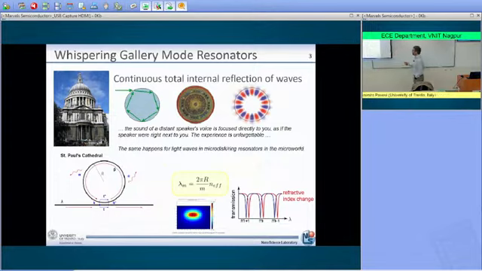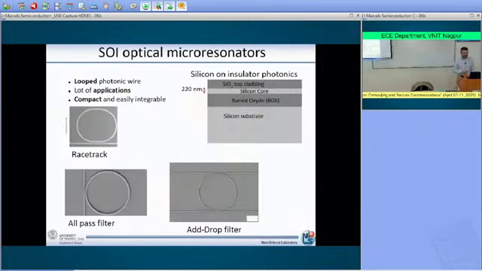In the very same way, people have used the very same physics, the very same concept, to describe what happens in a circular disk where an optical field is confined within the edge of the disk. And those are indeed the microresonators that we are dealing with. They are nothing else than a looped photonic wire. You take a photonic wire, a waveguide, and then you make a circle with this waveguide.